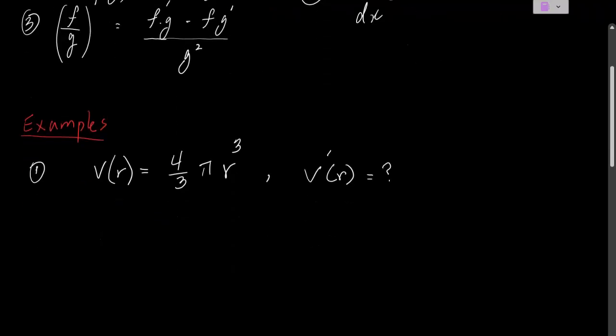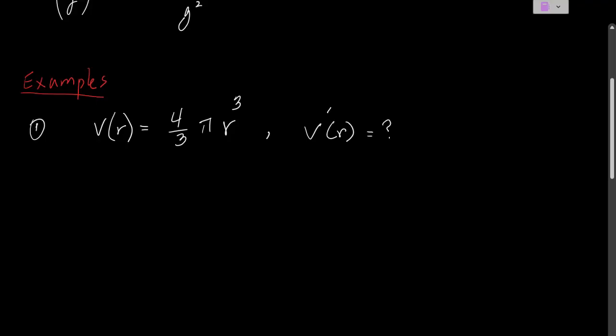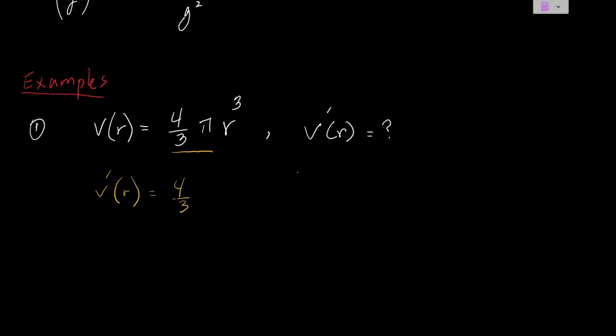So let's start. The first thing you have to notice is that 4/3 pi is a constant, so nothing happens to that. So V prime of r equals 4/3 pi, unchanged, and then you use the differentiation rule where you bring the power down, so 3, and then the variable, and then the exponent minus 1.